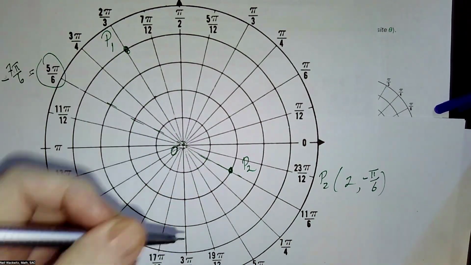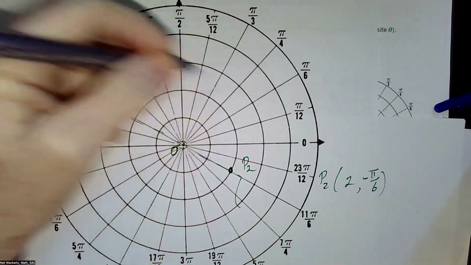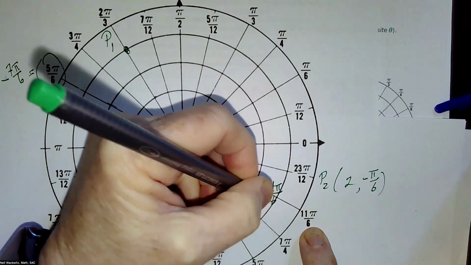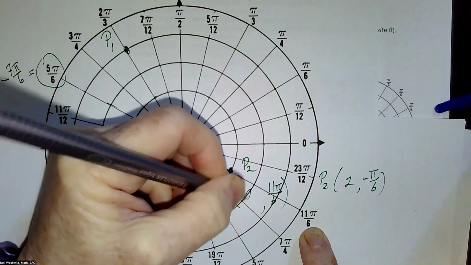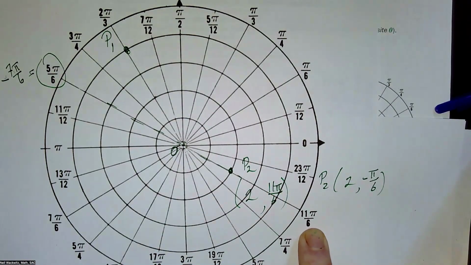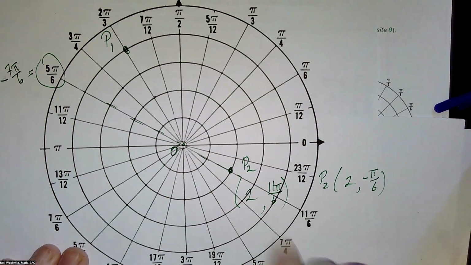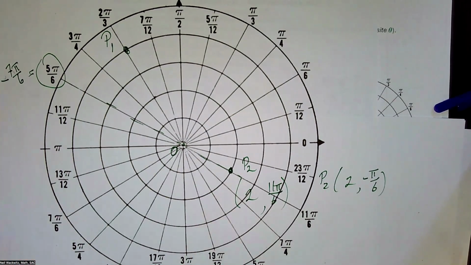We could also call P2 2, 11 pi/6. But do you see that in polar coordinates, each point has many, many different ways it can be expressed?